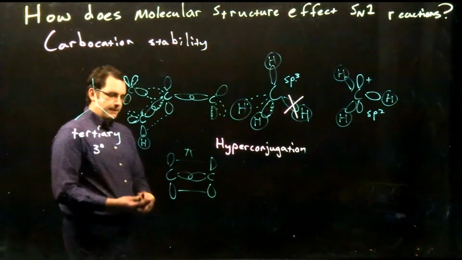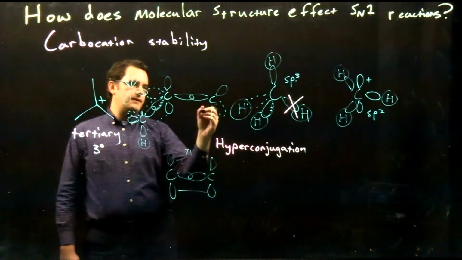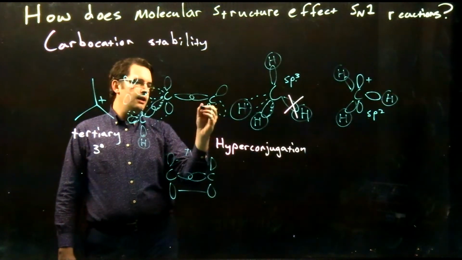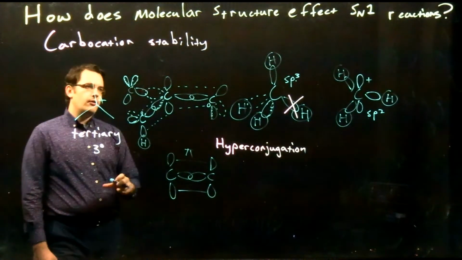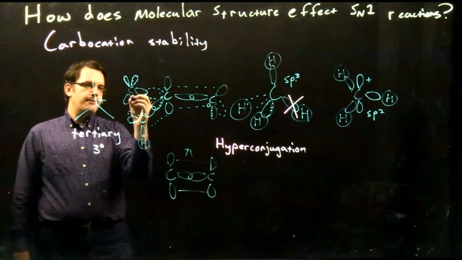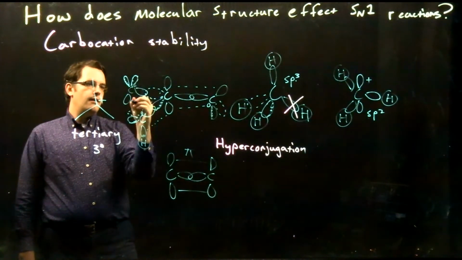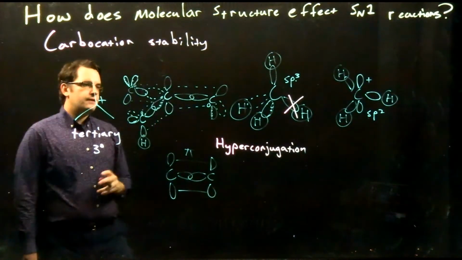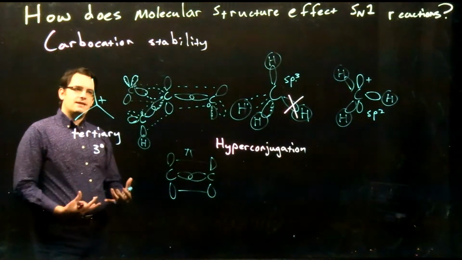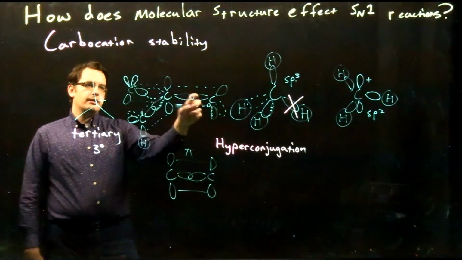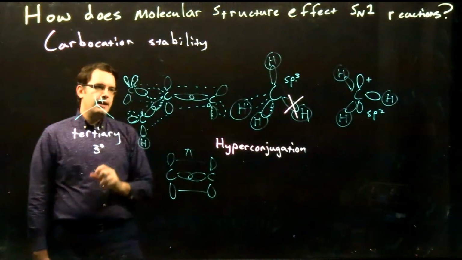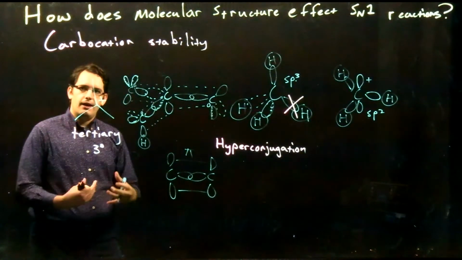So what's happening is that basically each of my carbons that are attached to my carbocation can share a little bit of electron density from their sp3 orbitals to my empty p orbital, and I can use that to help stabilize my carbocation. So every one of my carbon groups sharing electron density makes this carbon feel a little bit less lonely.